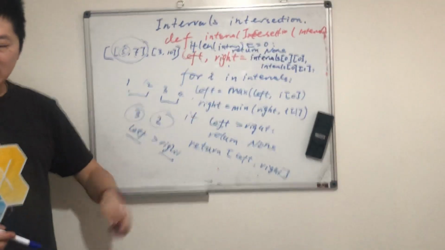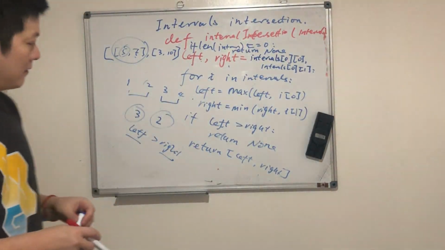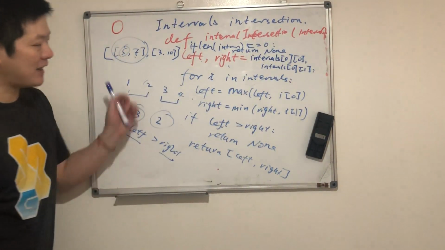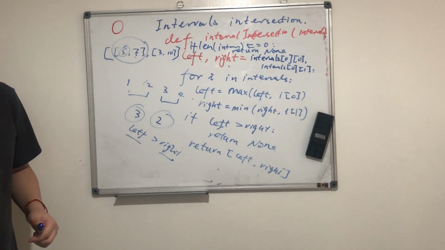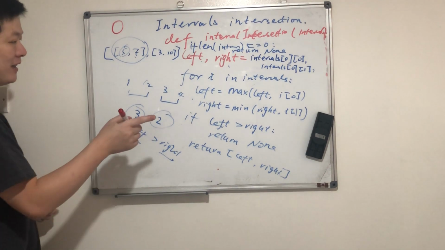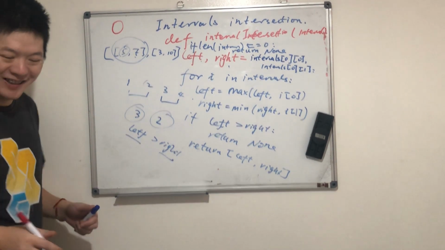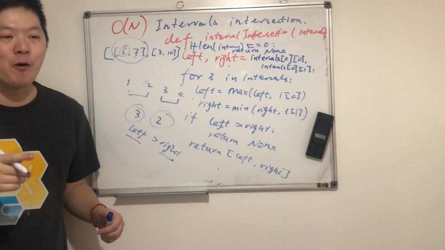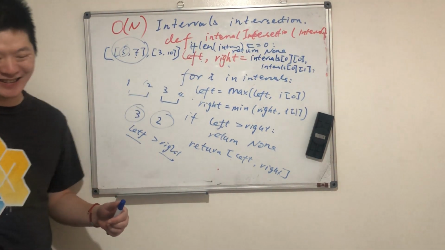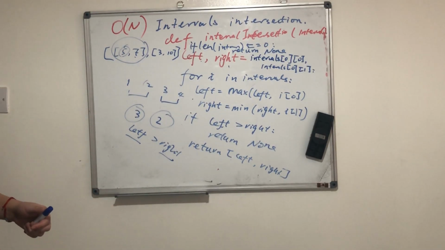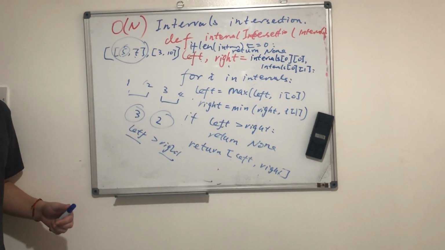What's the time complexity? If there are n intervals, it's O(n), because we need to go through all of the intervals.